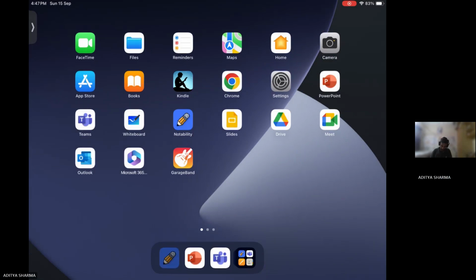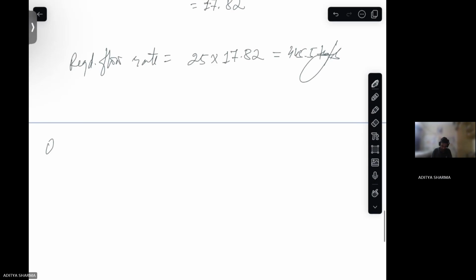So for the equivalence ratio, we have the percentage of theoretical air, right?